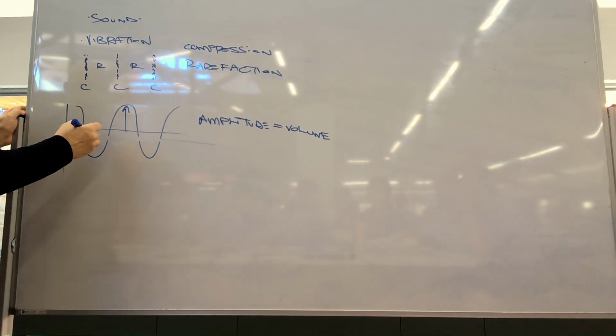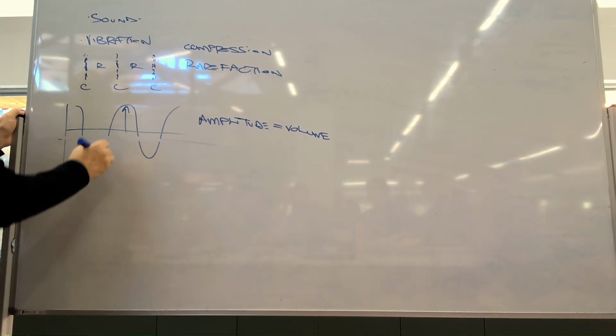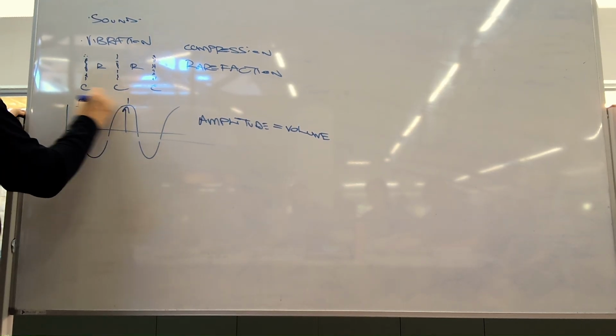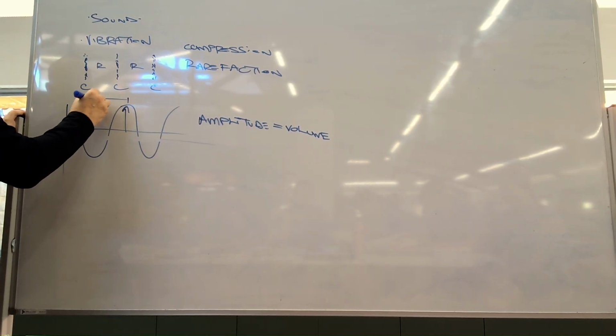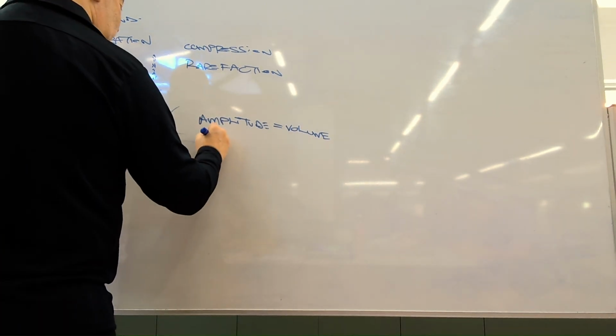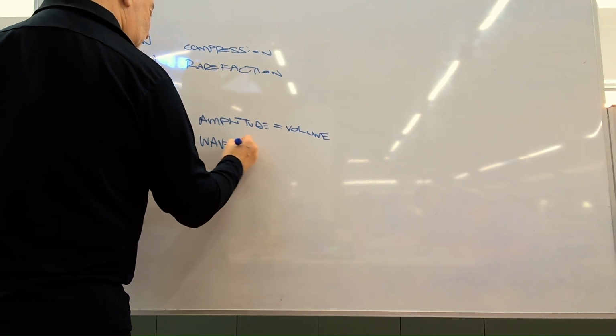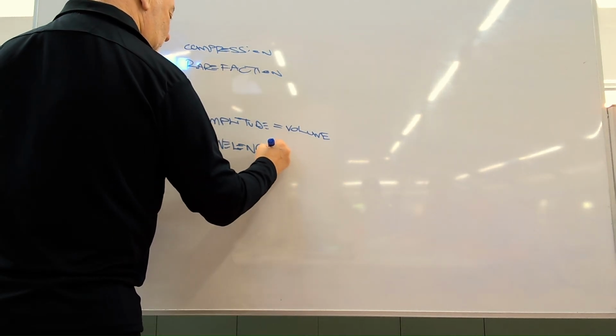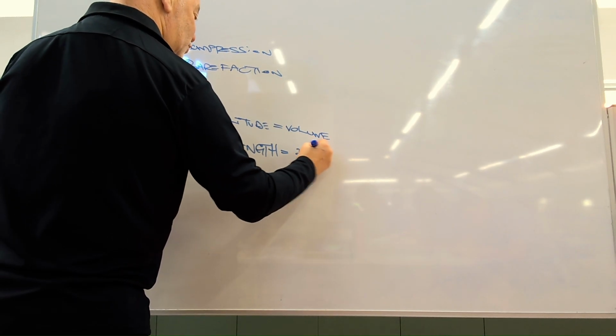Okay, then we also have the distance. The distance from a crest to a crest is called a wavelength. The wavelength, so that's how long the wave is, equals pitch.